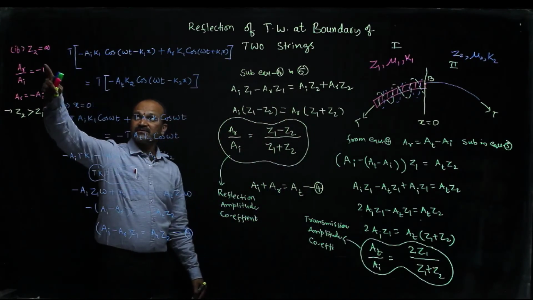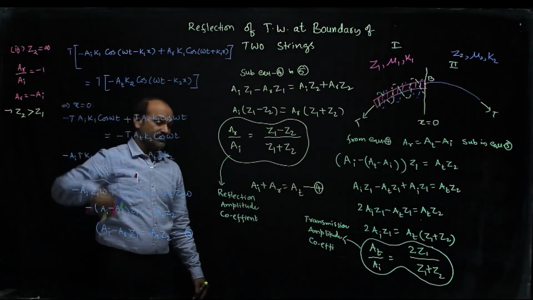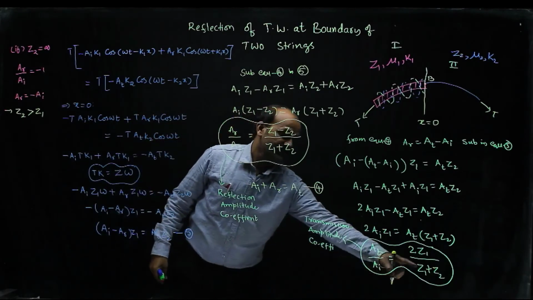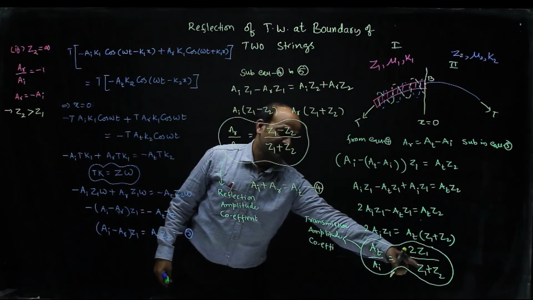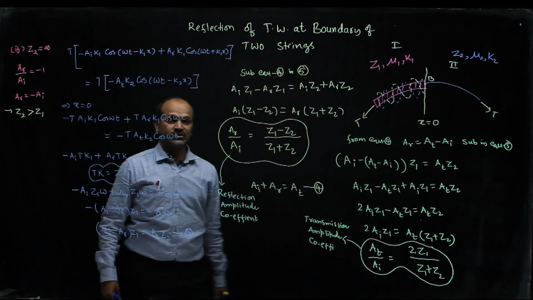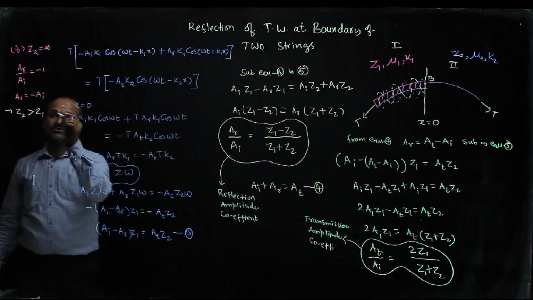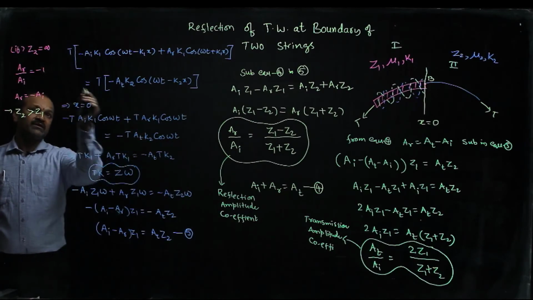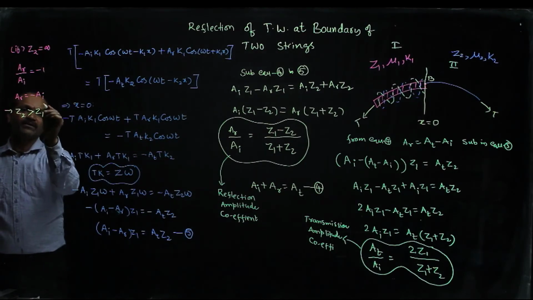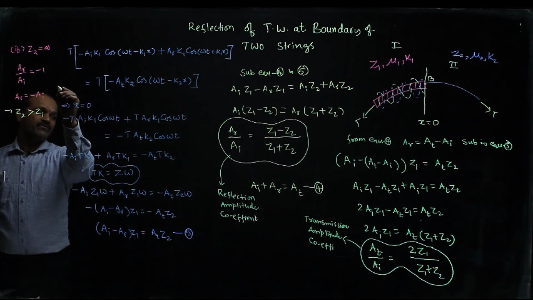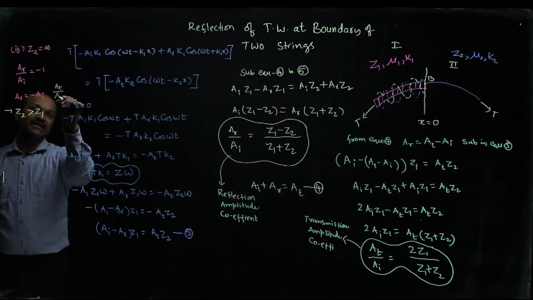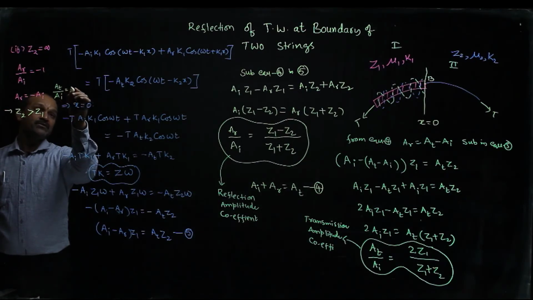See this previous case, if Z2 is infinite, something by infinite we get, and something by infinite is 0. That means AT by AI is 0, that point also I will mention over here. From that equation, in this case AT by AI is becoming 0.